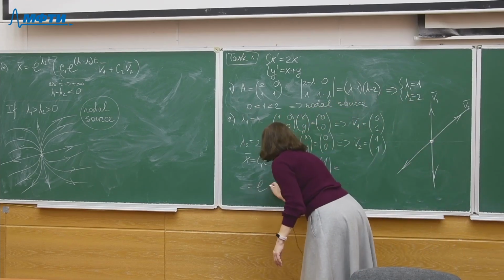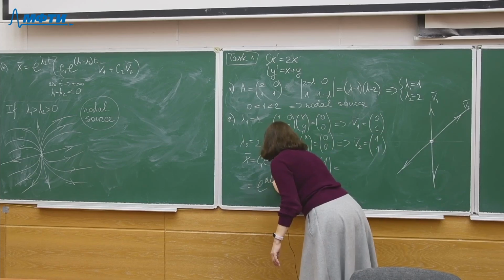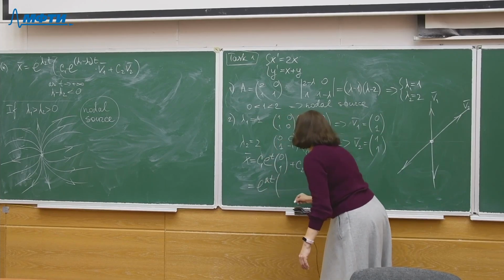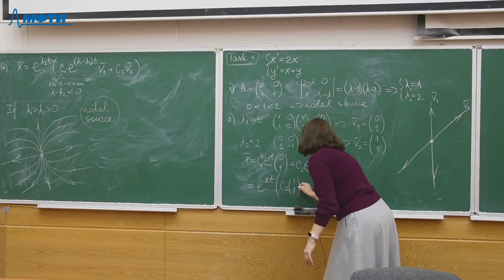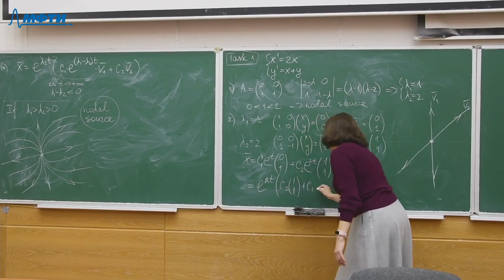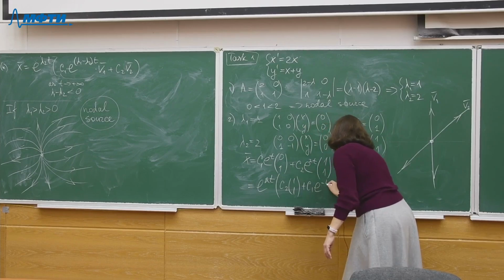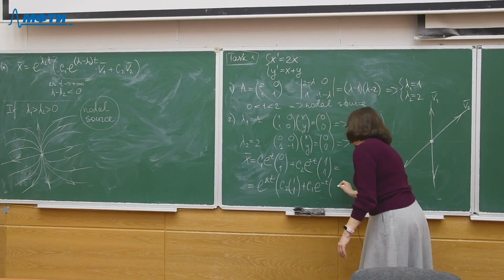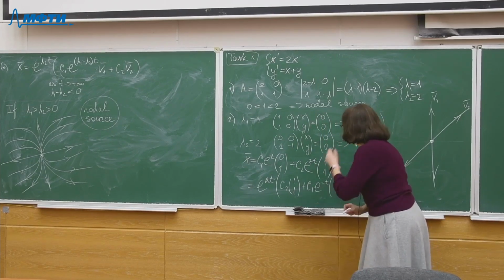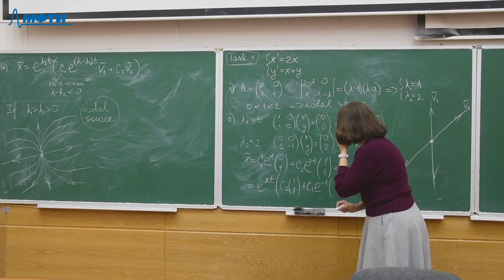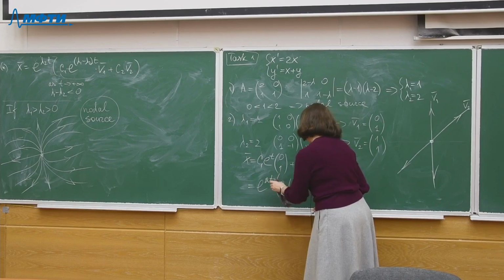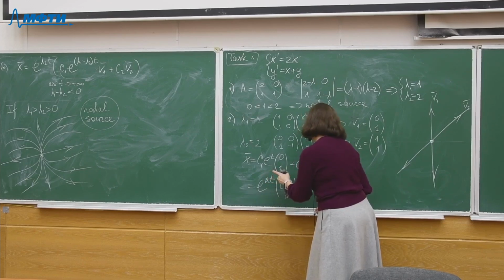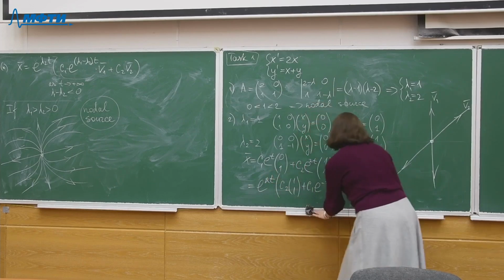If we represent it as e to the power 2t multiplied by c2 (1, 1) plus c1 e to the power negative t... so I think it's better to let it be in two ways.